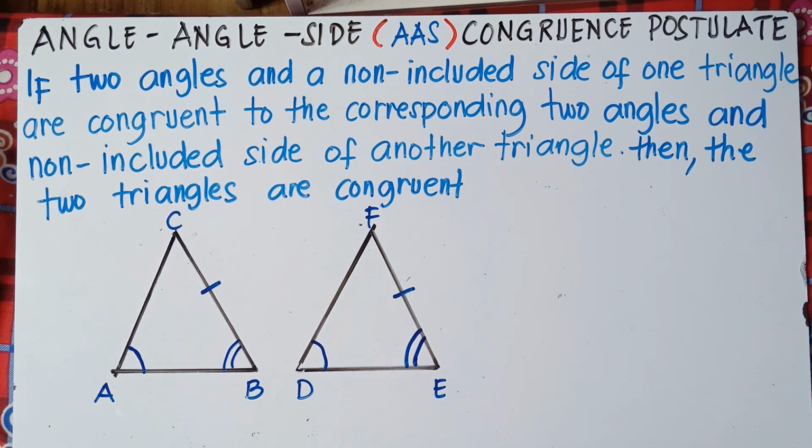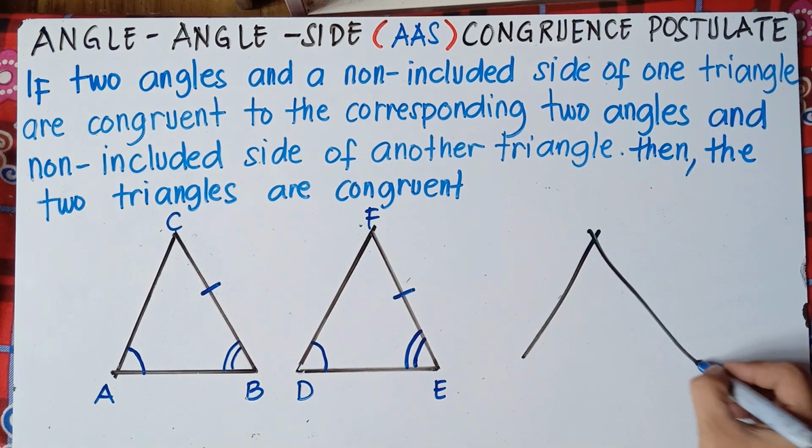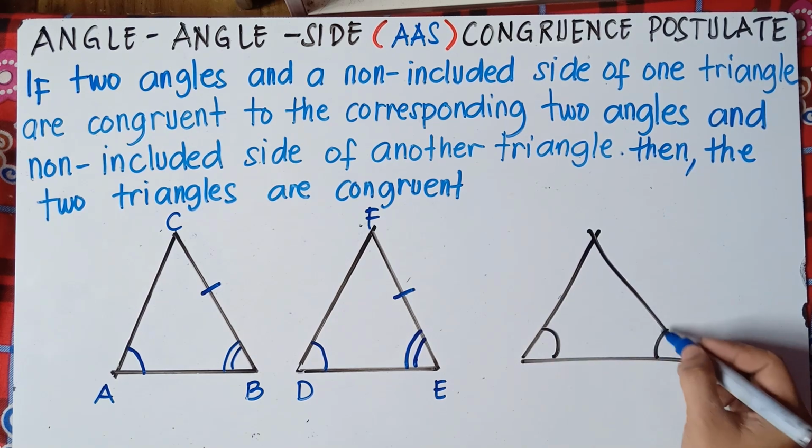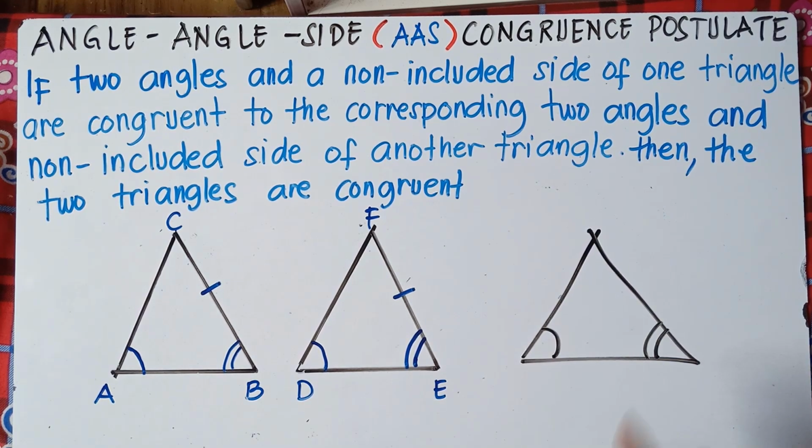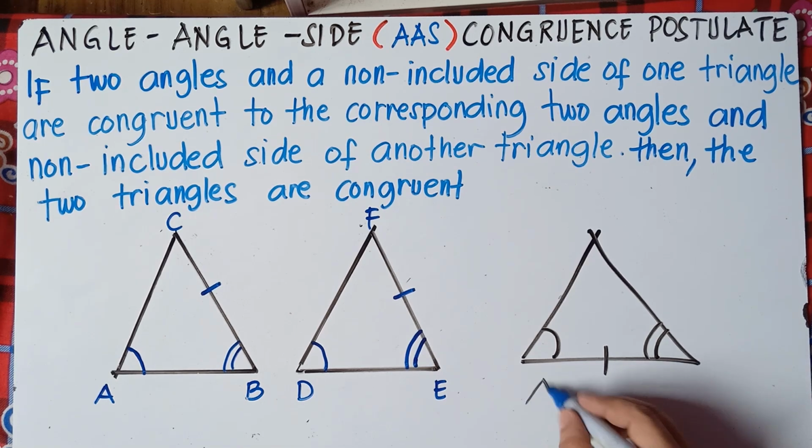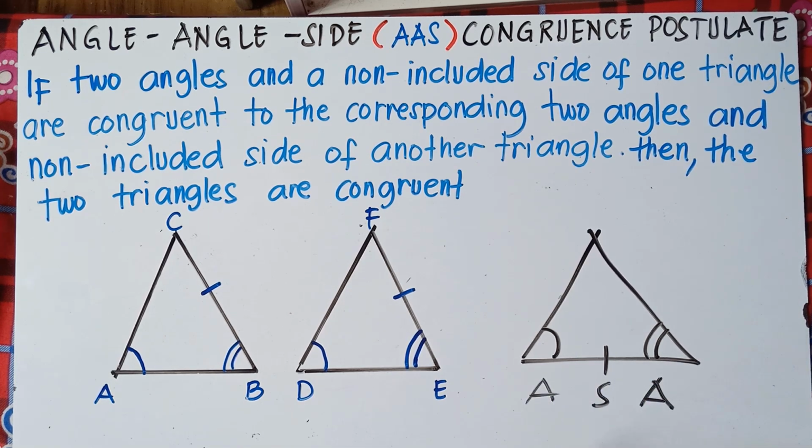So for example, if we have a given triangle with two given angles, and the side is in between these two angles, therefore we cannot say that this is AAS. This is ASA, angle-side-angle, if the side is in between these two angles.